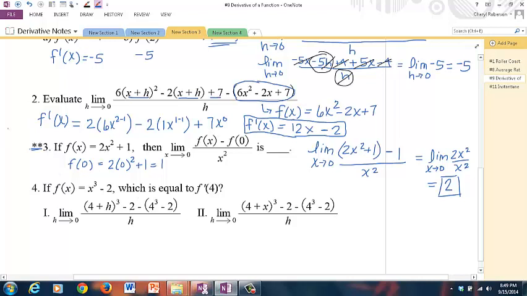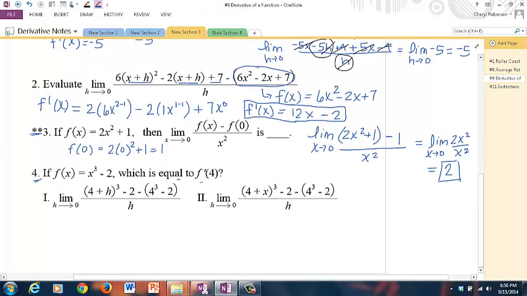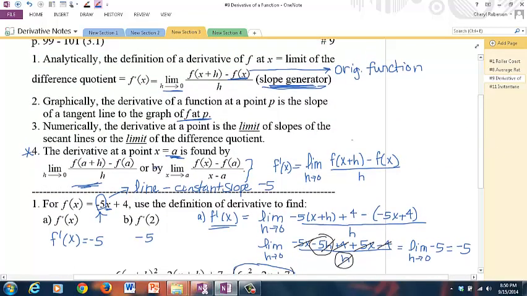Right, now let's look at number 4. Number 4 wants us to figure out which one of these two is equal to f prime of 4. Now this time we're asked for the value of the derivative when x equals 4. That's what this is asking for. So let's go back up and see. That's going to be number 4 here from the very top, and let's investigate this very first part.